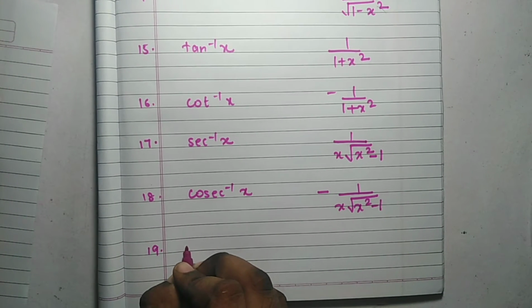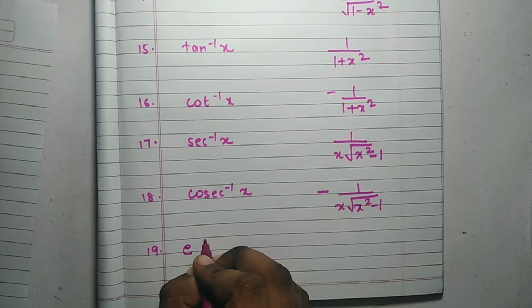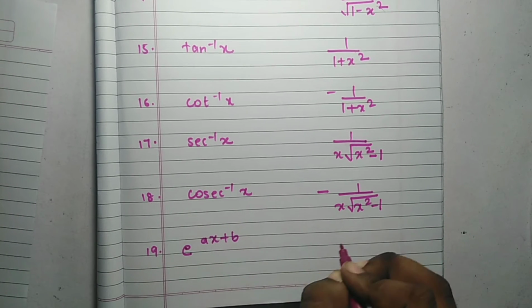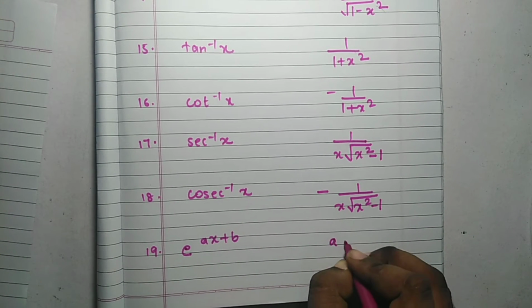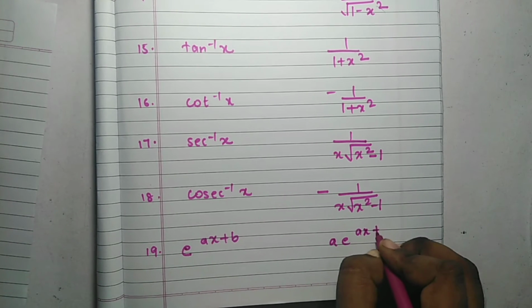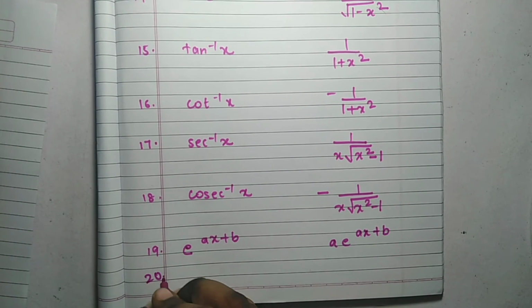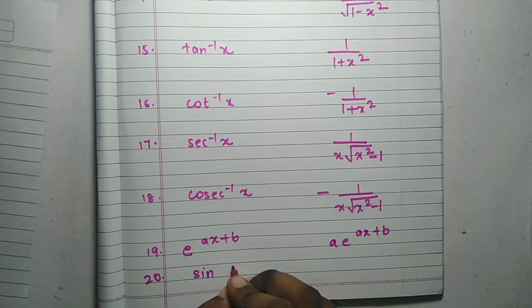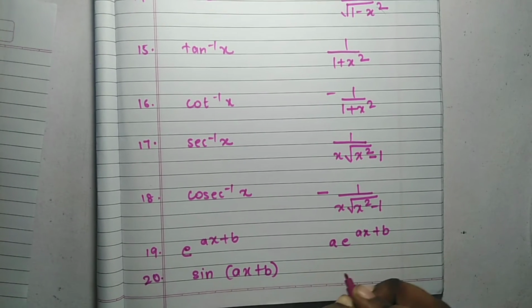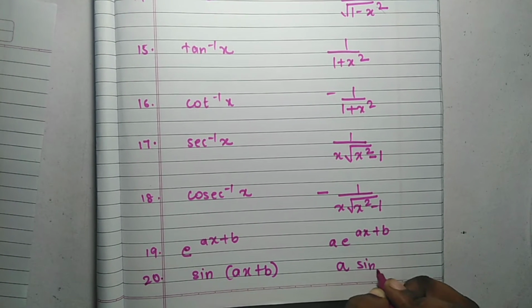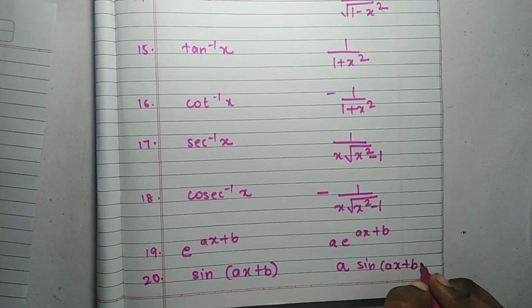If we have to differentiate a function such as e raised to ax plus b, the answer is a e raised to ax plus b. If we differentiate a function like sin of ax plus b, we get a cos of ax plus b.